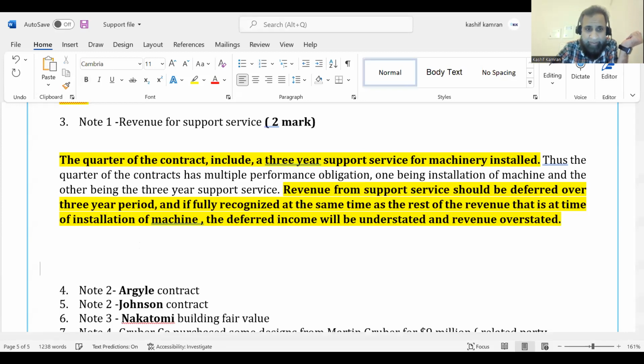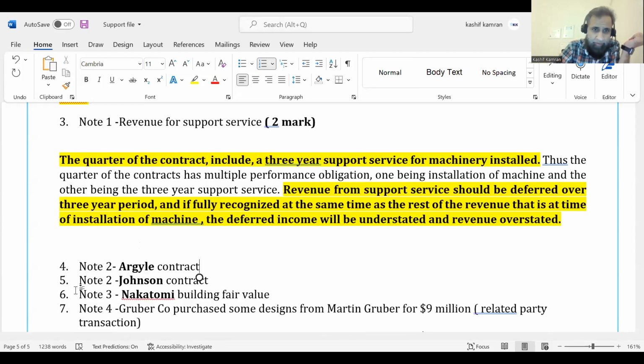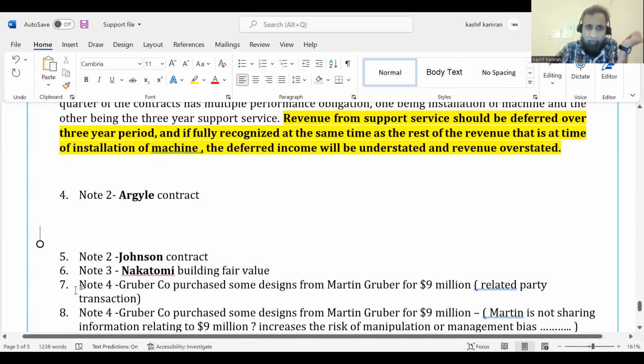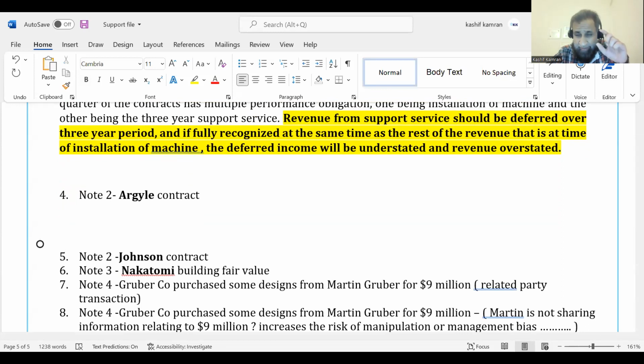Now see how the marking scheme will differ. You look at note number 2, which is the Ergel contract. And in the Ergel contract, we had the amount, $2.2 million. I think this is the first situation which had an amount.